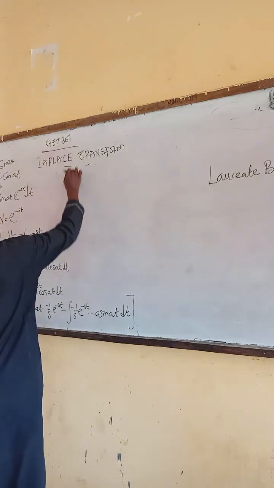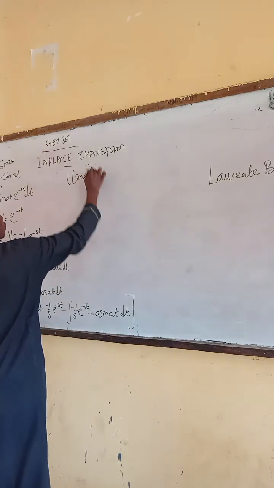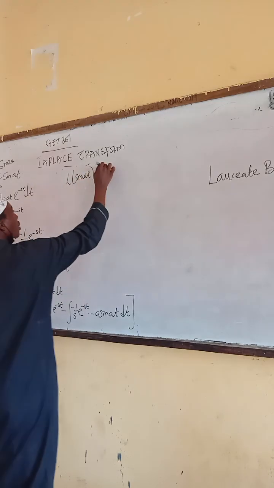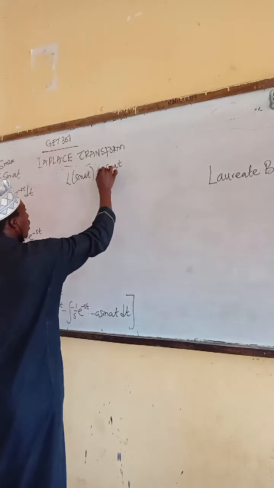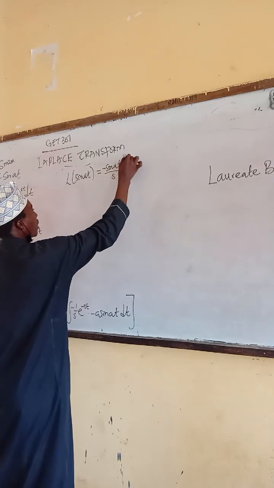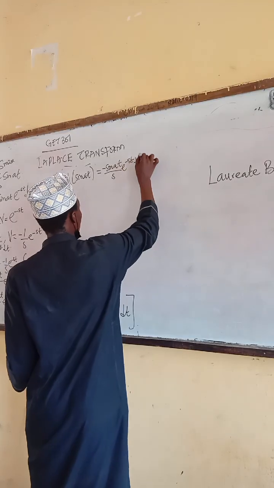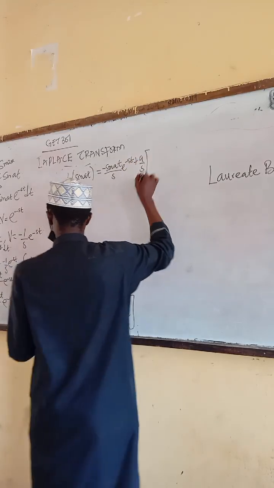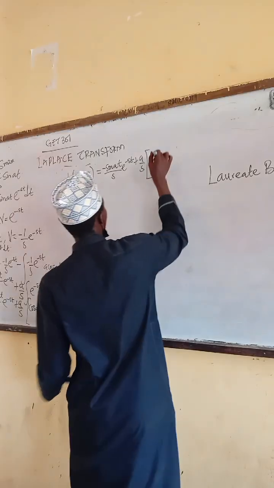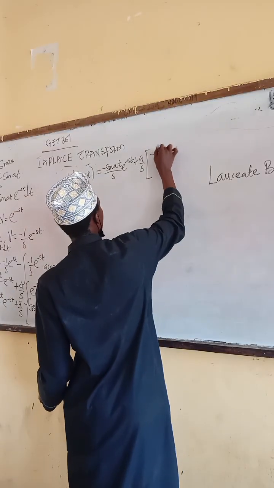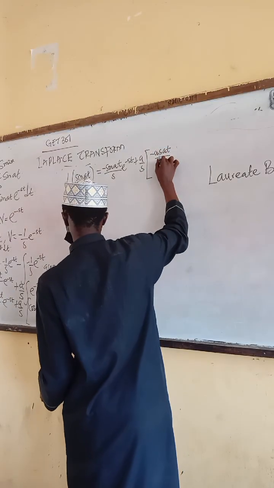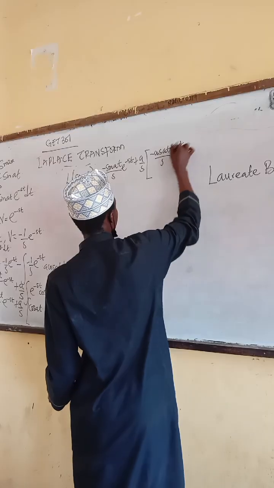The Laplace of sine at will now be equal to minus sine at over s exponential minus st plus a over s times minus cos at over s exponential minus st.